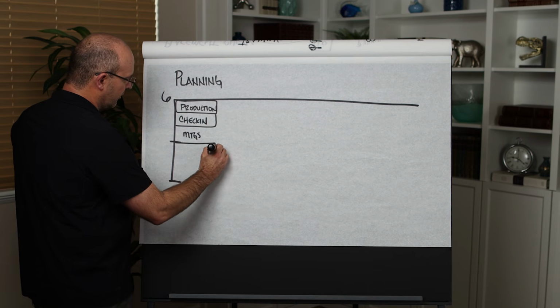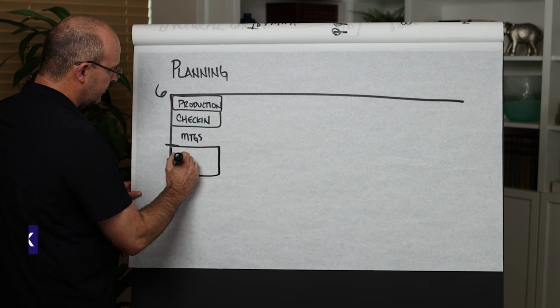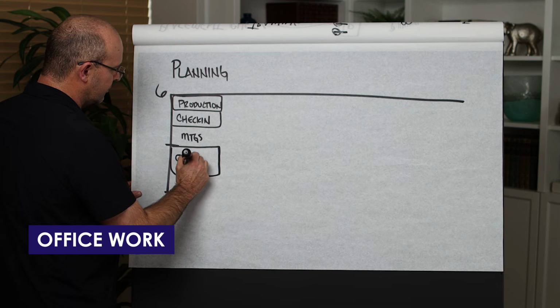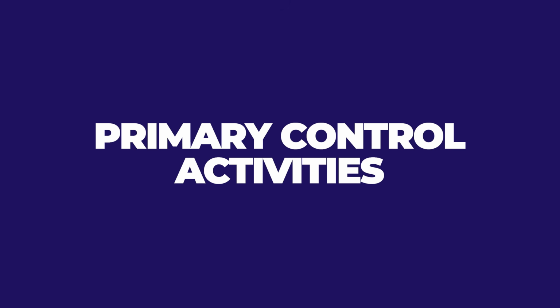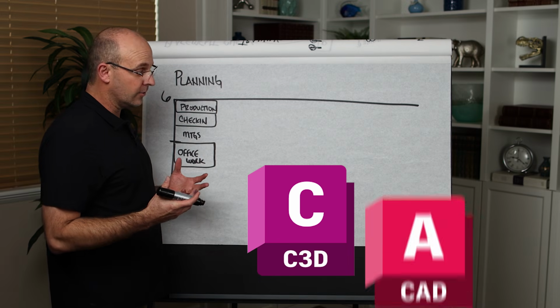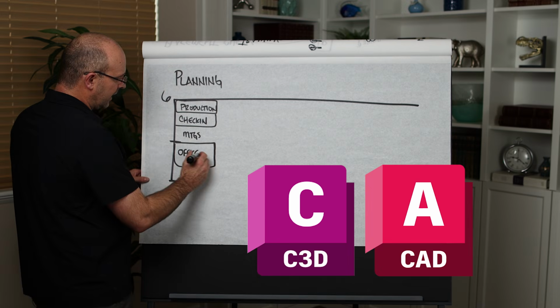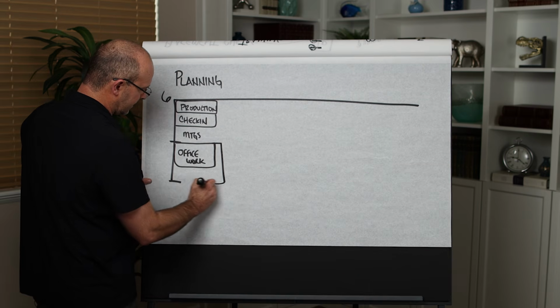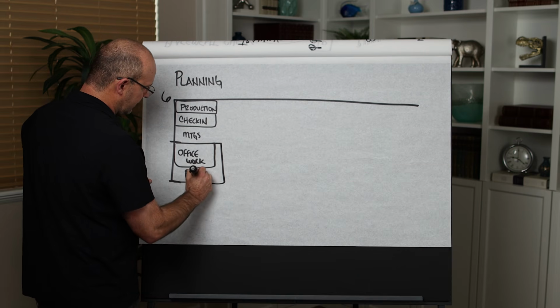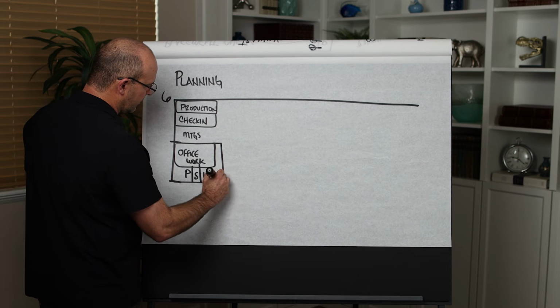For the most part, you are going to do office work, so you're mostly doing lift drawings, and you're mostly doing primary control activities, meaning you're detailing it out in Civil 3D or AutoCAD, and I'll say primary, secondary, working control establishment.